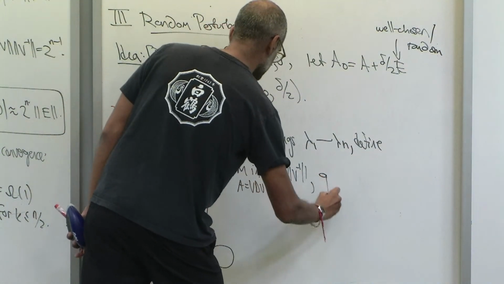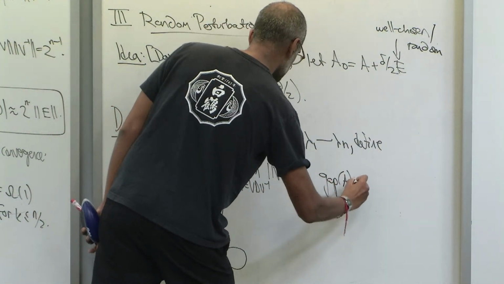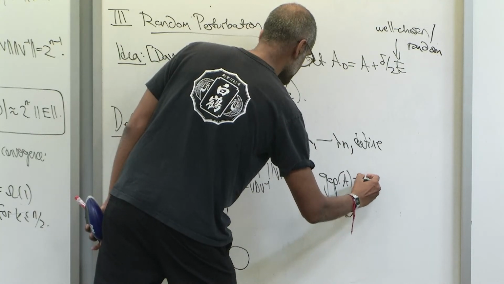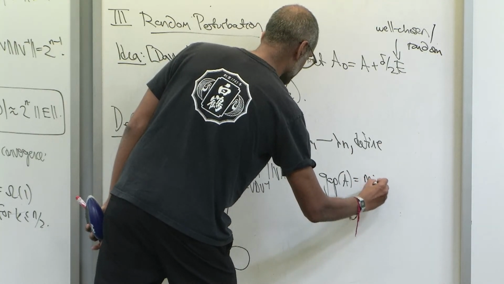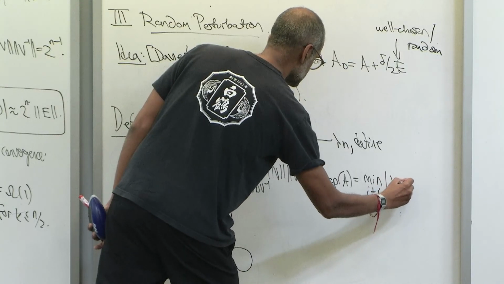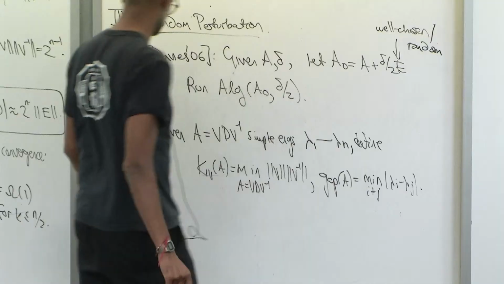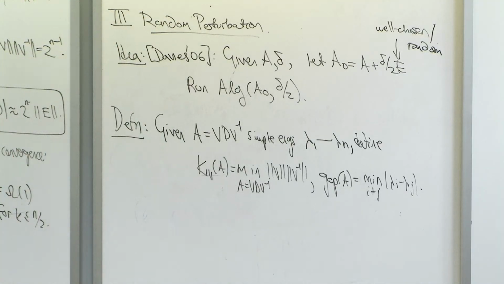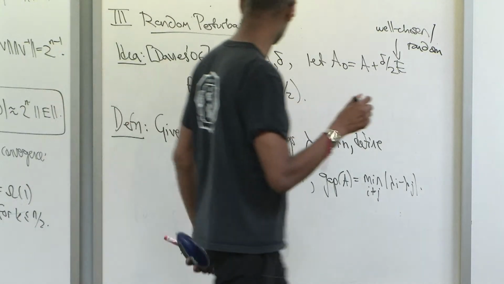And I'm going to define the gap of A to be the minimum gap between two eigenvalues. And so the thought you should have is, if these numbers are exponential, there's some instability. And if these numbers turn out polynomial, that's good enough to get some results.